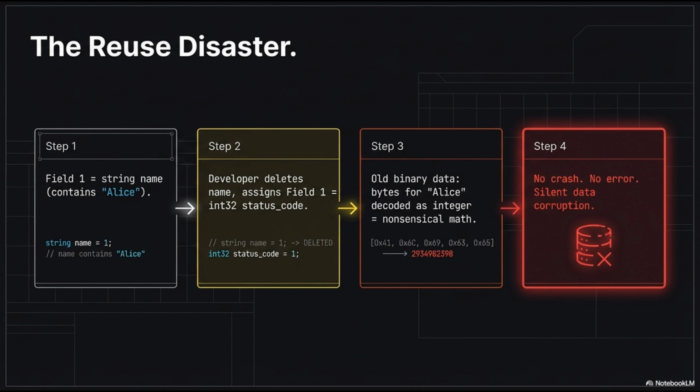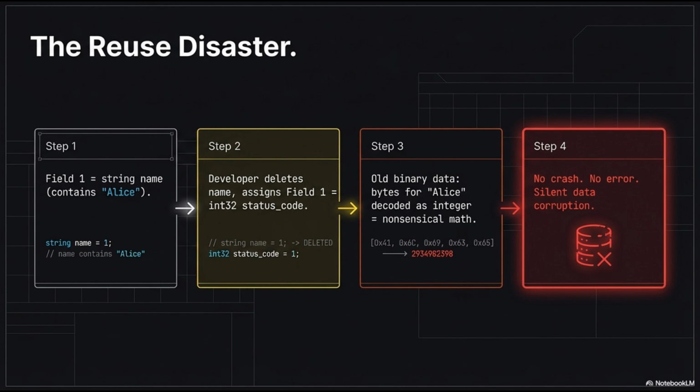Exactly. Imagine you have a database full of old Protobuf messages stored as binary blobs, or even just a delayed message queue holding payloads from yesterday. Okay. The old service serialized the string "Alice" and tagged it as field number 1. Right. Now your new service reads that binary payload. It looks at the contract, sees that field number 1 is supposed to be an integer status code.